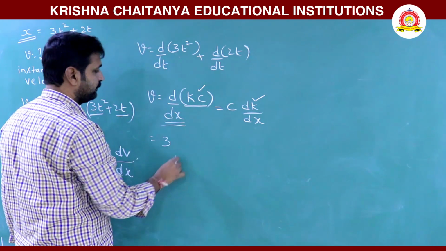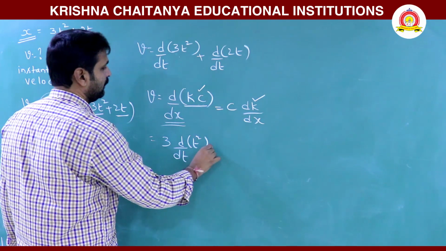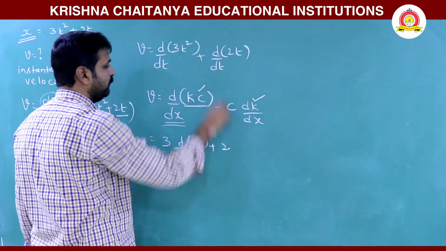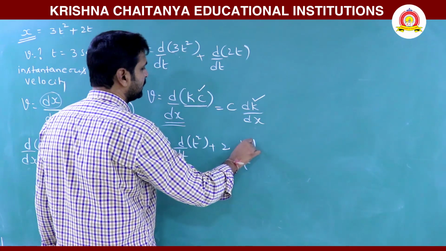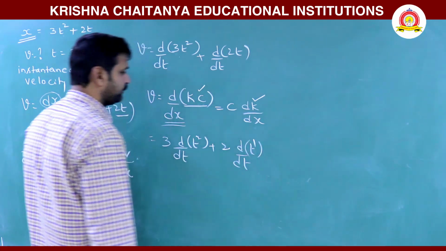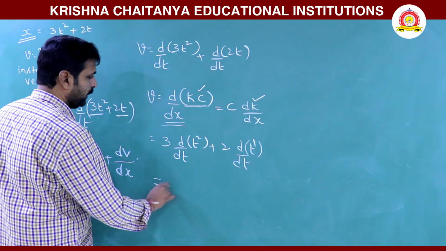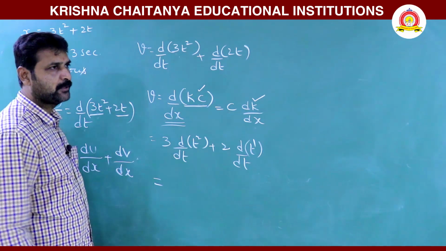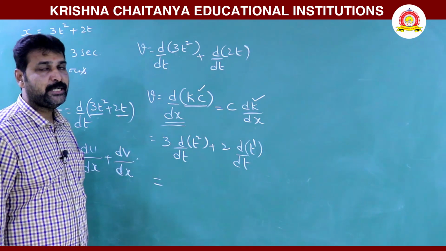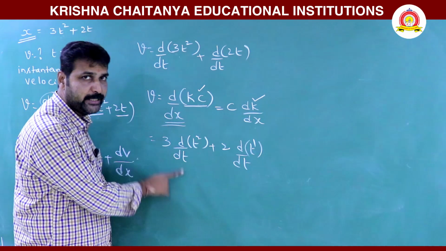3 outside, d by dt of t squared plus 2 outside the differentiation, d by dt of t means t power 1. Now writing the differentiation formula, we have d by dx of x power n is n into x power n minus 1. There we are differentiating with respect to x. Here we are differentiating with respect to t.